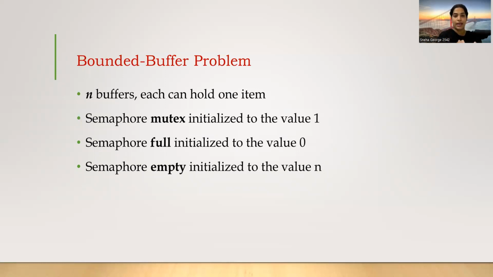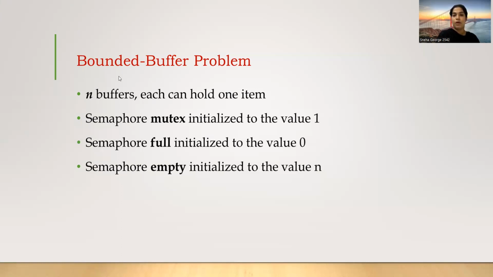If the consumer is consuming, then the producer will also have to wait till the consumer finishes consuming. In this bounded buffer problem, we consider there are n buffers, and each buffer is capable of holding an item.